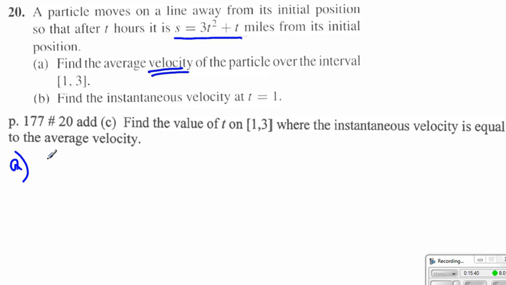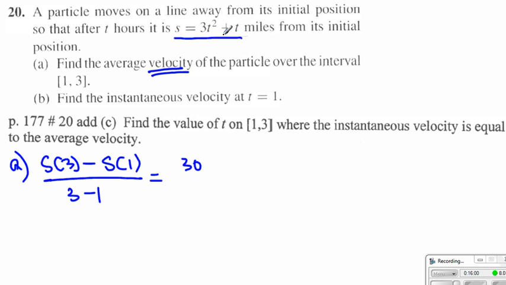So we have s of 3 minus s of 1 over 3 minus 1. Then when you plug in 3 in place of t, we end up getting 27 here, plus 3 becomes 30.